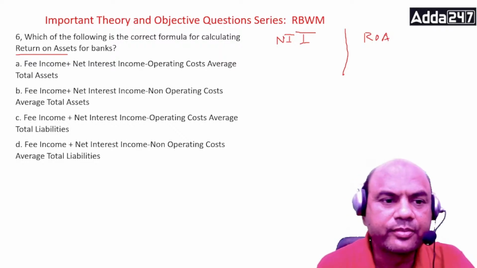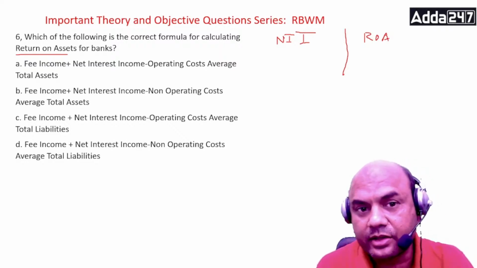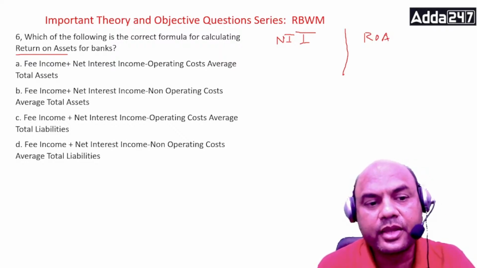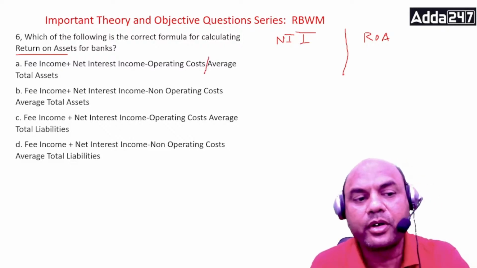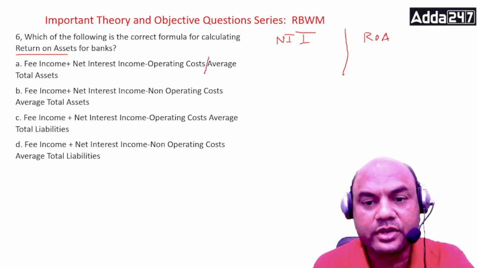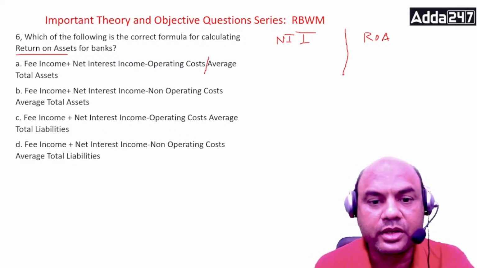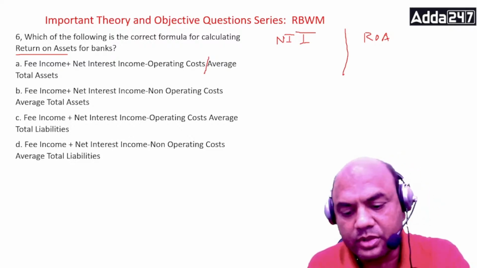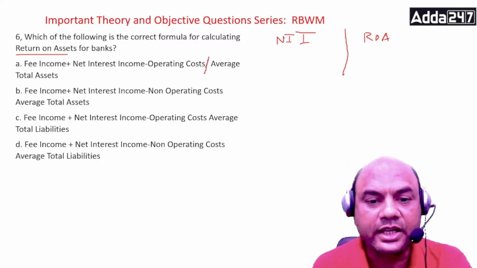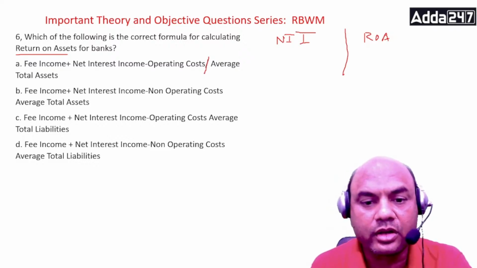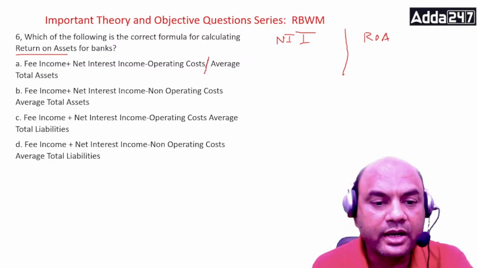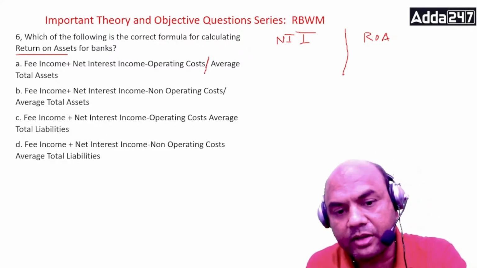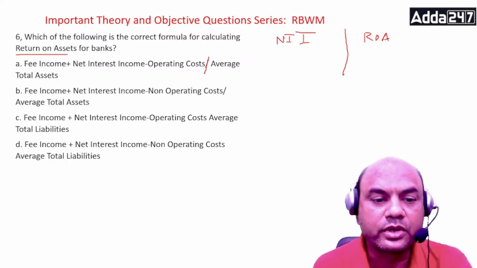I'll tell you what. So first let's get a question. Fee income plus net interest income minus operating cost upon average total assets. Second one: fee income plus net interest income minus non-operating cost upon average total assets.